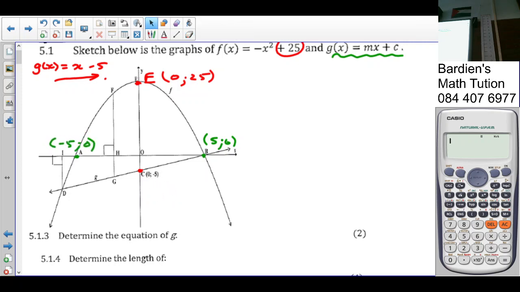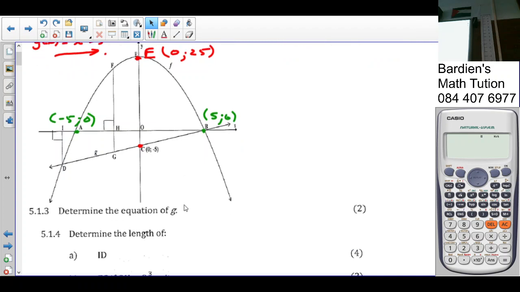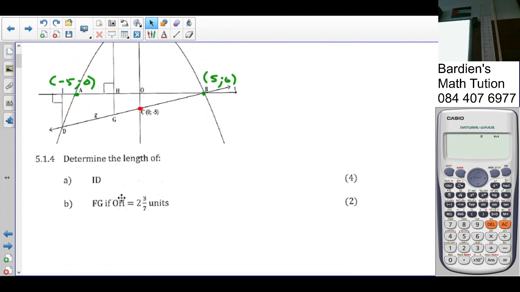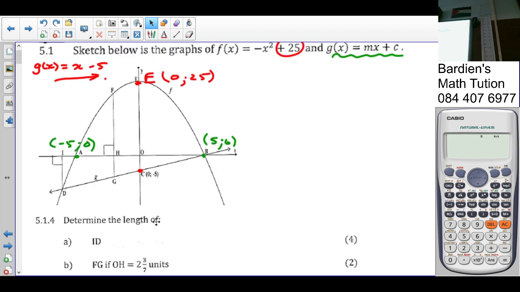As you can see, we're populating the diagram. We're keeping the diagram in focus as we're going through the calculations here. Next question, 5.1.4. Determine the length of DI or ID. So if we're looking at point D, what do we know about point D?